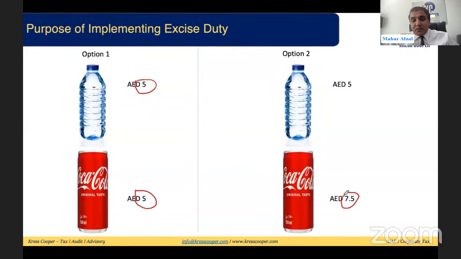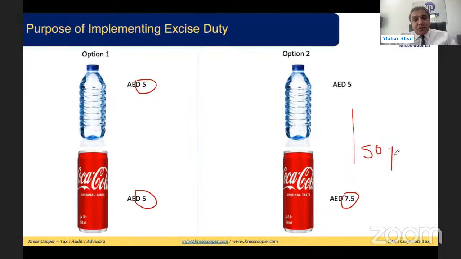Once the price of Coca-Cola is 7.5, it is 50% more expensive compared to the bottle of water. Here you are not indifferent, meaning your financial factor is a key important thing. You will be thinking you need to spend 50% extra, so you need to go for a bottle of water.